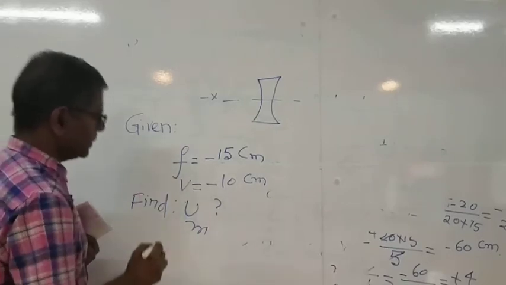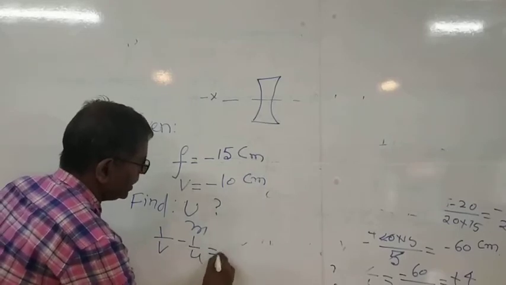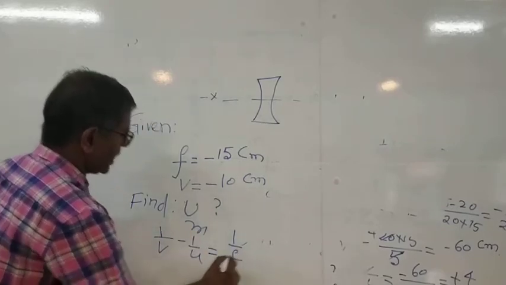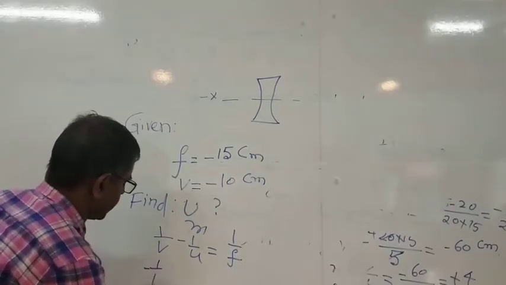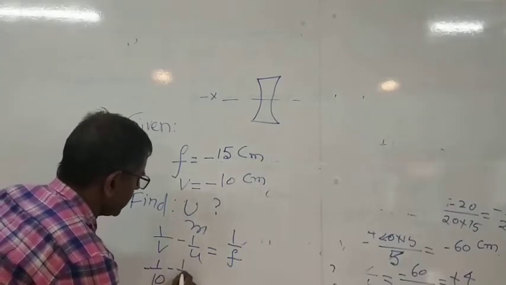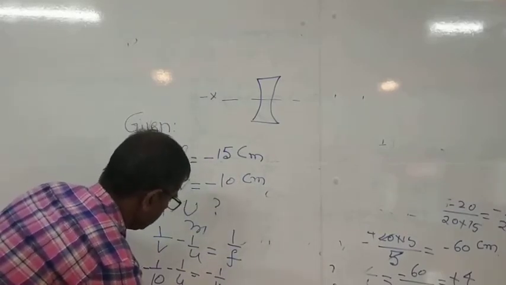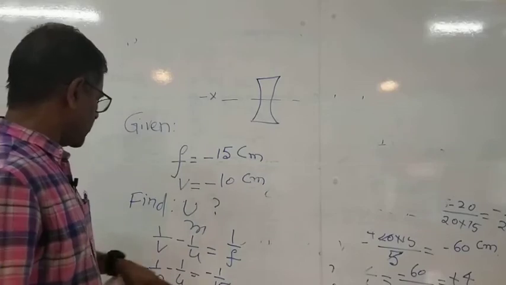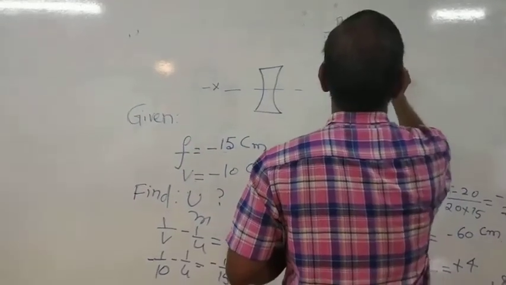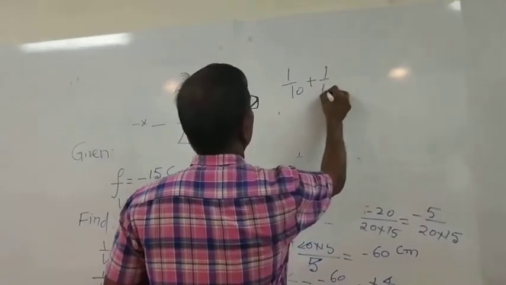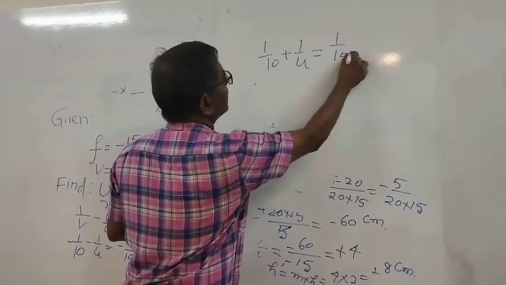So again apply the lens formula: 1 by V minus 1 by U is equal to 1 by F. So V is minus 1 by 10 minus 1 by U, F is minus, so minus 1 by 15. So this becomes minus minus minus. So you can write 1 by 10 plus 1 by U is equal to 1 by 15.